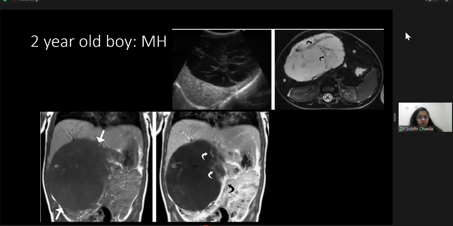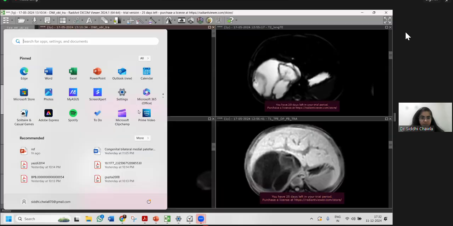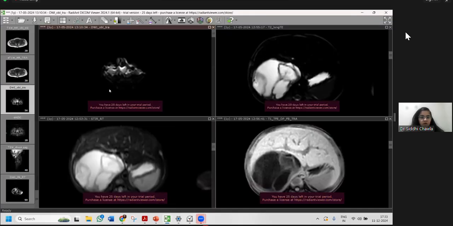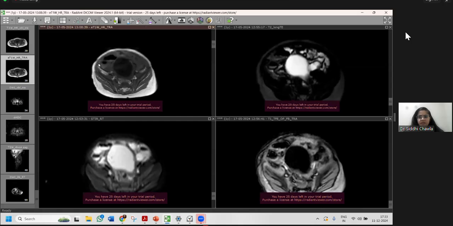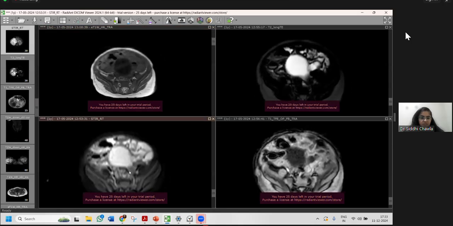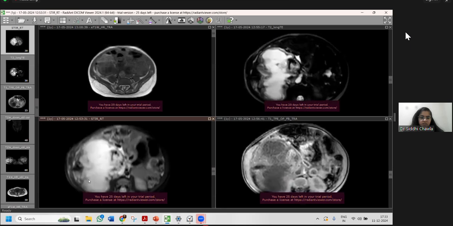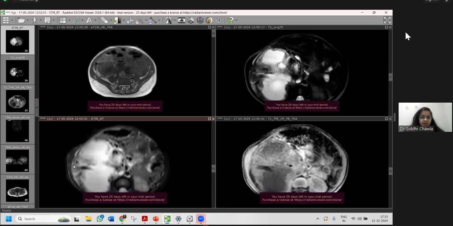So before we go on to this companion case, I want to show what was done for this patient, and you will be shocked to see this. It was assumed to be an abscess, and a pigtail was inserted in this lesion, and nothing came out of the pigtail.